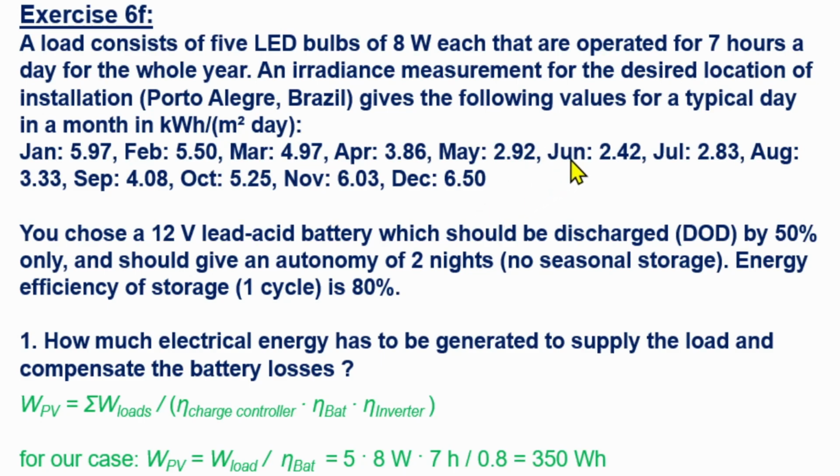You have the lowest in June with a value of 2.42 kilowatt hours per square meter per day. So you see, this is a bit more than a factor of 2 between the typical day in the worst months and the best months. In Germany, it's much more severe. It can go up to a factor of 10.